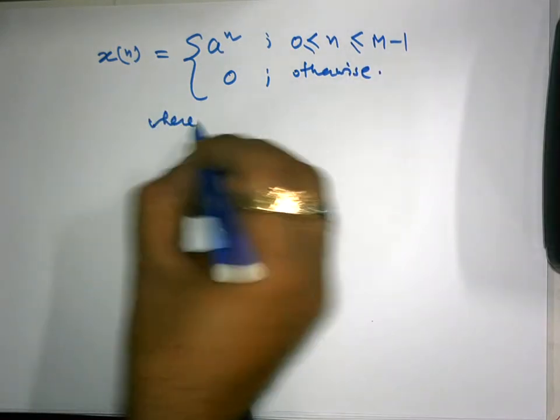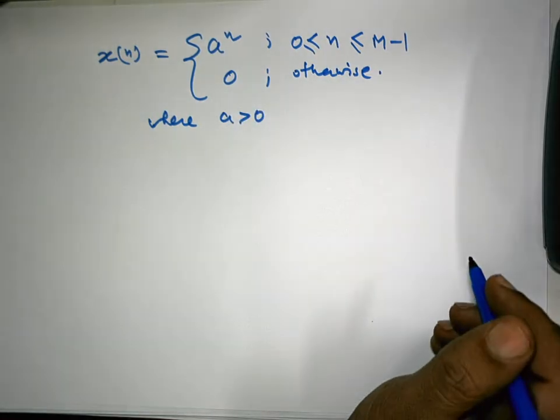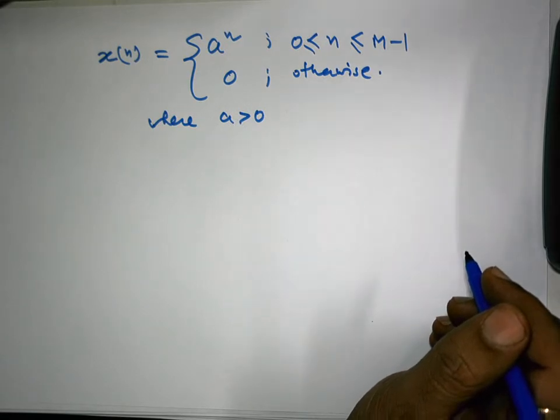And here a happens to be greater than 0. So, we have to determine the pole-zero plot of this.